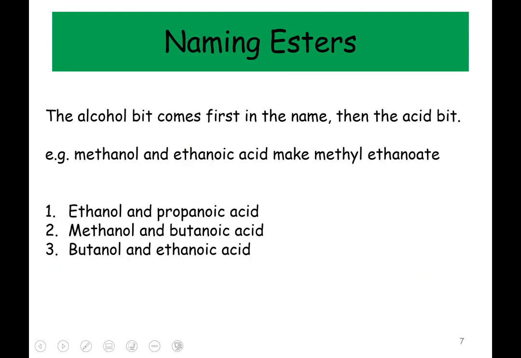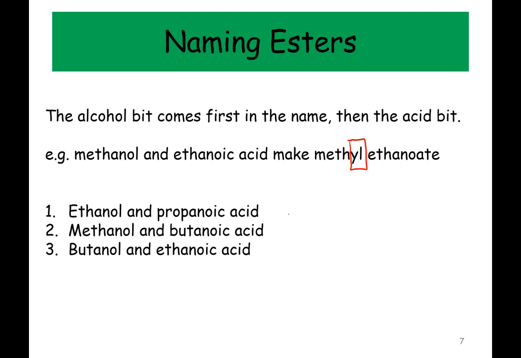Okay, when you're naming an ester, whichever alcohol you are using is going to come first in the name. So it will always start with this structure, something -yl, and the something comes from which alcohol you are using.